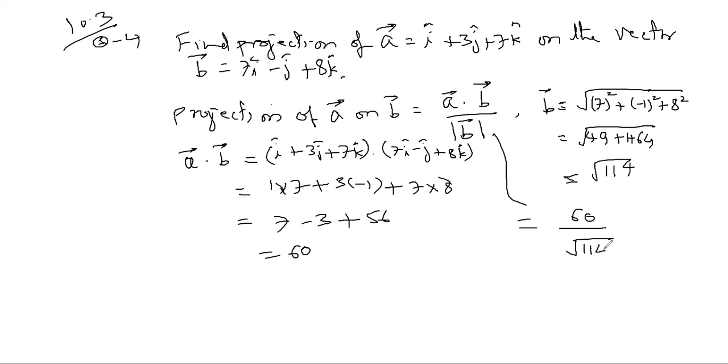So the projection of A on B is 60 divided by root 114.